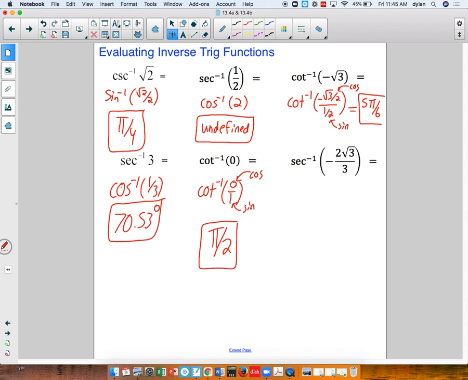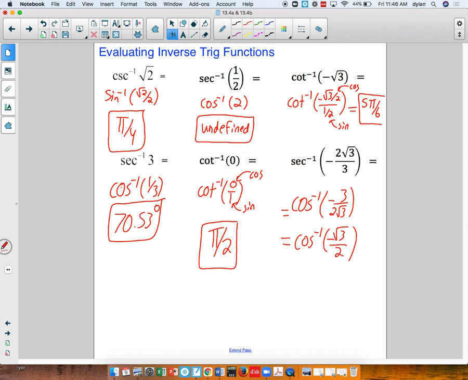So then the next thing here is secant inverse of -2√3 over 3. And the key thing here is you kind of have to undo that in your head, because that's really the same thing as the cosine inverse of -3 over 2√3, right, as the reciprocal. But that's not something we're used to seeing on the unit circle. We're used to seeing this as the cosine inverse of -√3 over 2.